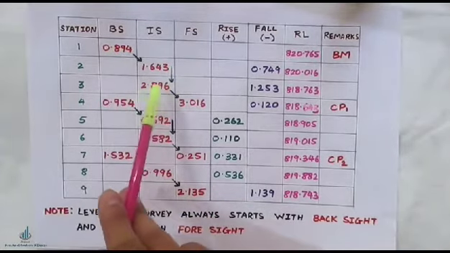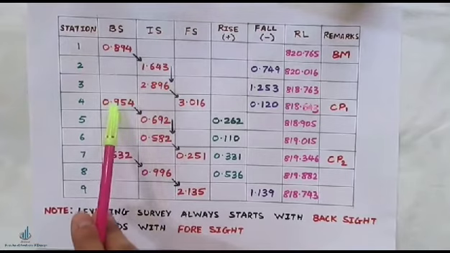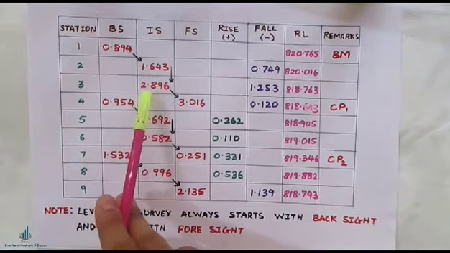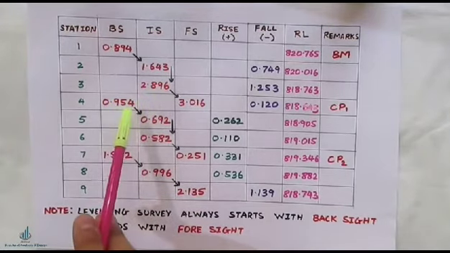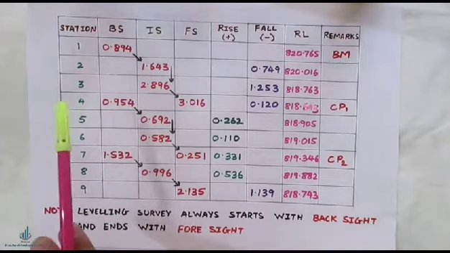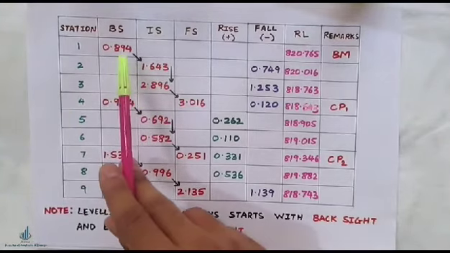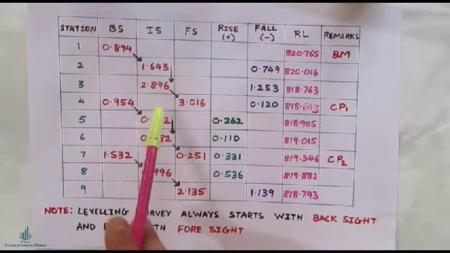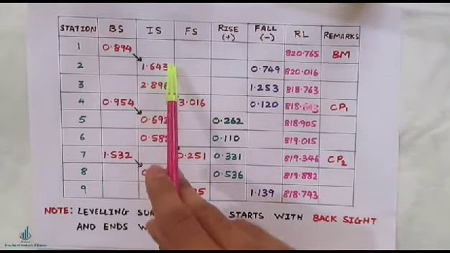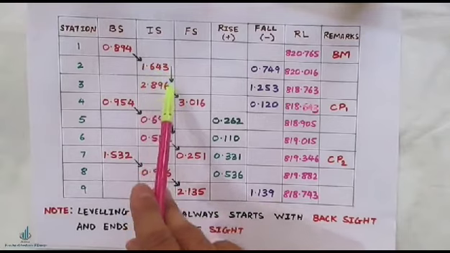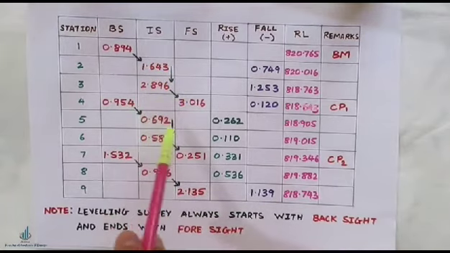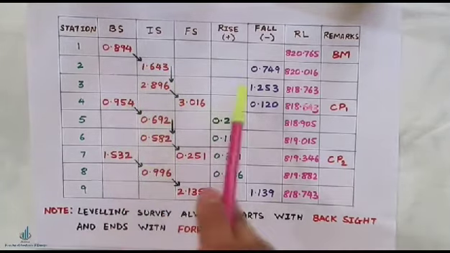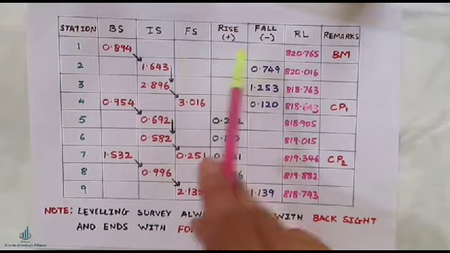You cannot go from right hand side to left hand side, right? You cannot do 2.896 minus 0.954. It is completely wrong. You have to come from left to right, and whenever there are intermediate sight values, you have to come down. I have shown the arrows. So according to the arrows you have to move down and write it down in the rise or fall column.